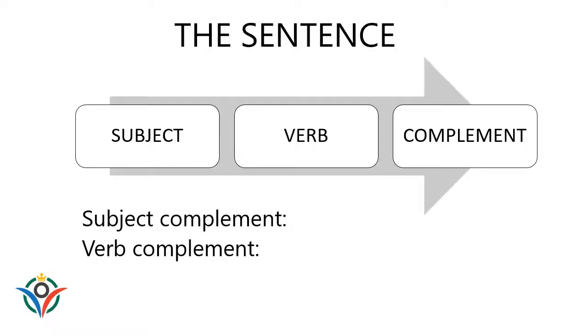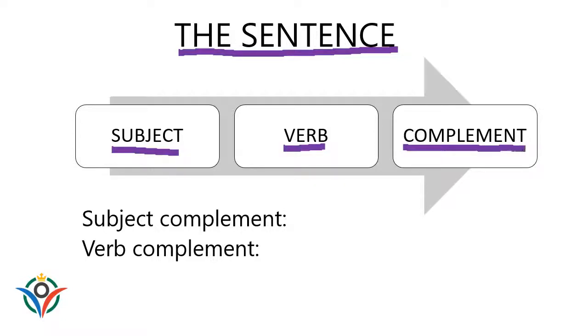I'd like to begin this lesson by refreshing our memory and looking at the basic building blocks of a sentence. So every sentence has a subject, a verb, and a complement. And the complement will either complete the subject or the verb.